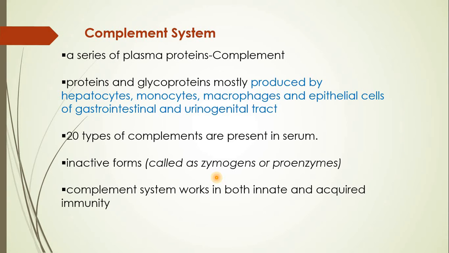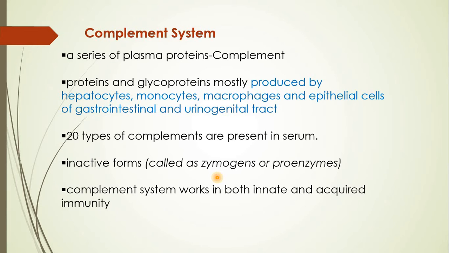The complement system, or the plasma proteins which are synthesized by a variety of cells in the body, play a keen role against extracellular pathogens such as bacteria. They function as opsonins and coat the surface of the pathogen. Receptors for complement components are located on the surface of phagocytes, and therefore the complement components which are coated onto the surface of the pathogen get bound to the phagocyte, and thus they bring about the immune response.